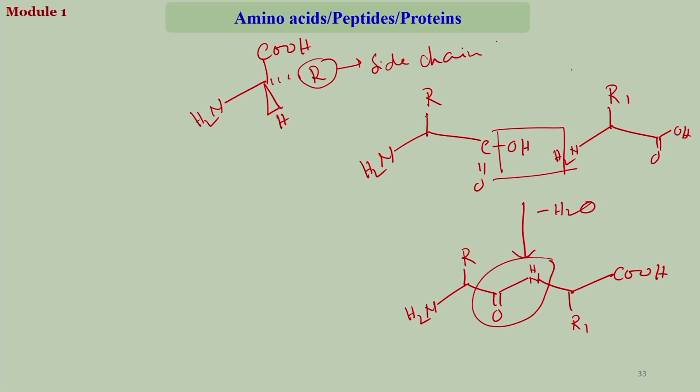This is the new bond that has been formed. That is basically an amide bond, but since this is present in the amino acid environment, we have given it a specific name, we call it a peptide bond, and that is how came the name peptide.